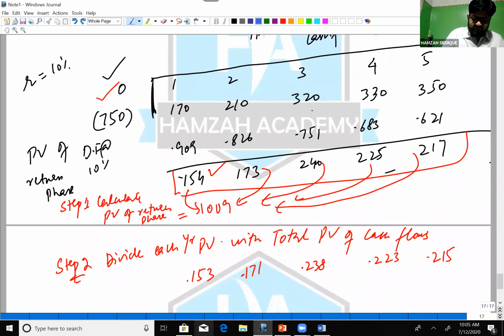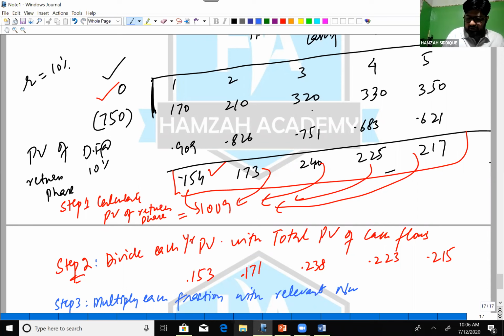Step 3 is to multiply each fraction which we have calculated with the relevant number of year.